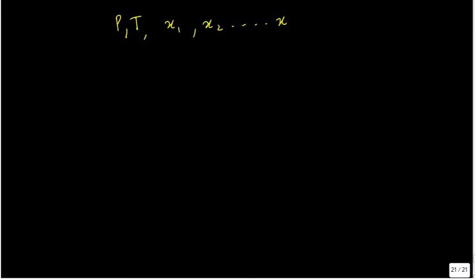So I need to define c minus 1. And I need to define these mole fractions for each and every phase that is present. So I need to define c minus 1 mole fractions for p phases.